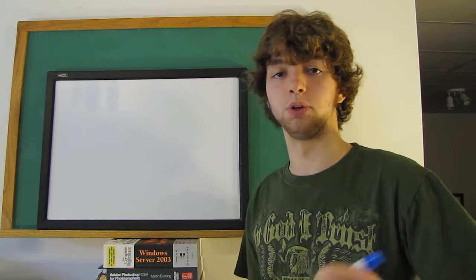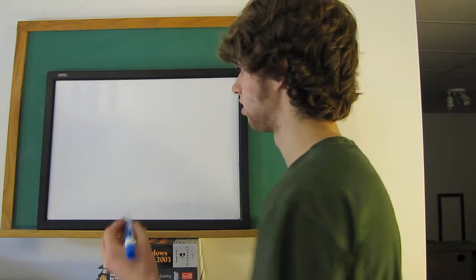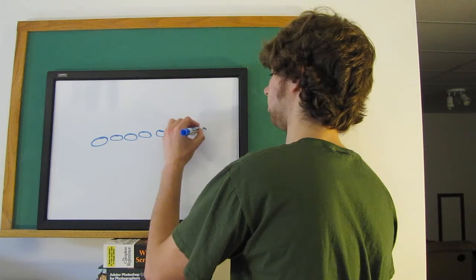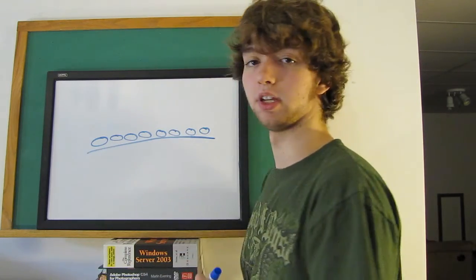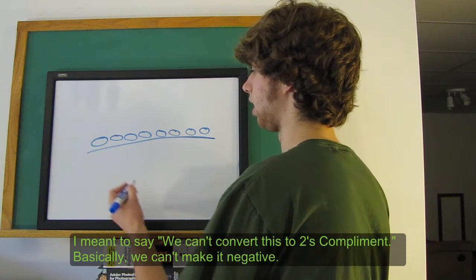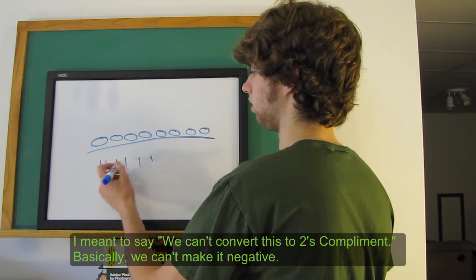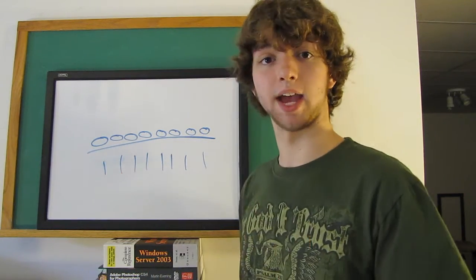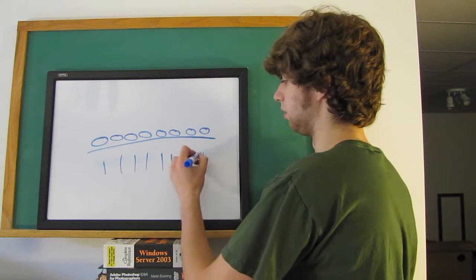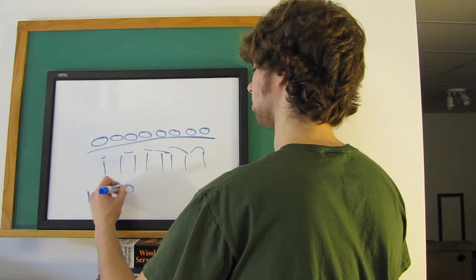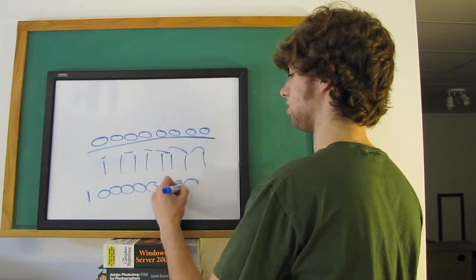Now, why do we use this system? Well, the very first thing is we only have 1 zero. So, for example, this is 0. We can't convert -0 to binary this way, because if we did, we would get eight 1s, and then we add 1. So we would push all these over, and then we would get 1 0 0 0 0 0 0 0 0.